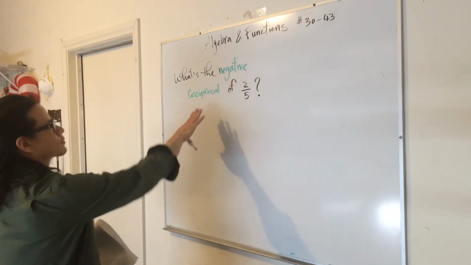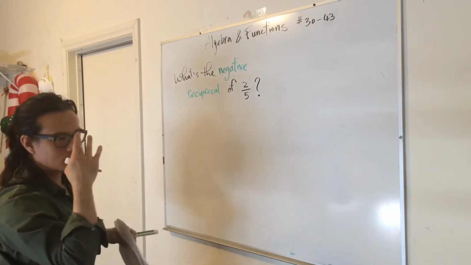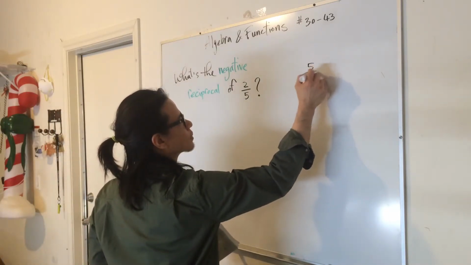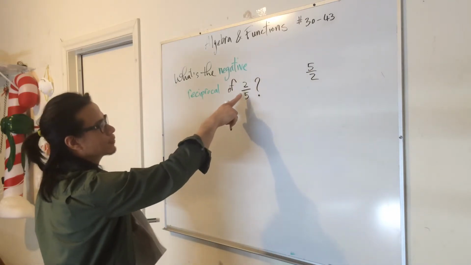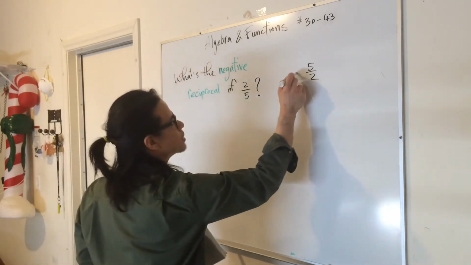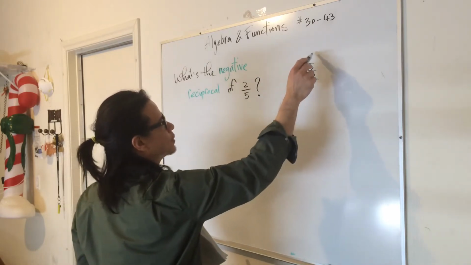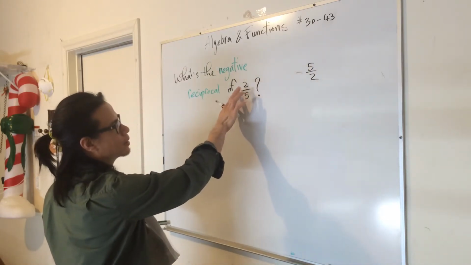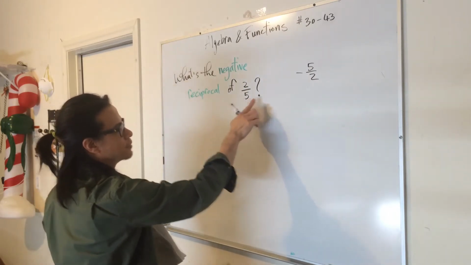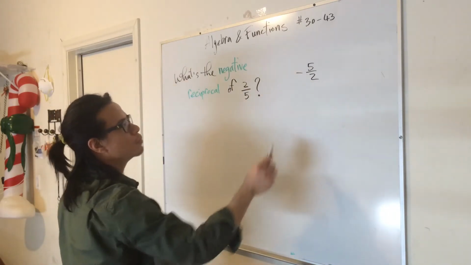Remember, a reciprocal of a number means you flip it over. So 2/5 becomes 5/2. The negative reciprocal means we're going to flip whether it's positive or negative. So here is positive. The negative reciprocal will be negative.